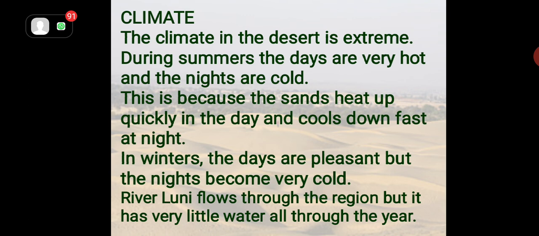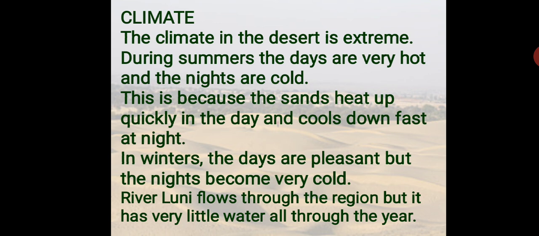Why is this so? Summer days are hot and nights are cold. Why does this happen? This is because the sands heat up quickly in the day and cool down fast at night. Okay?